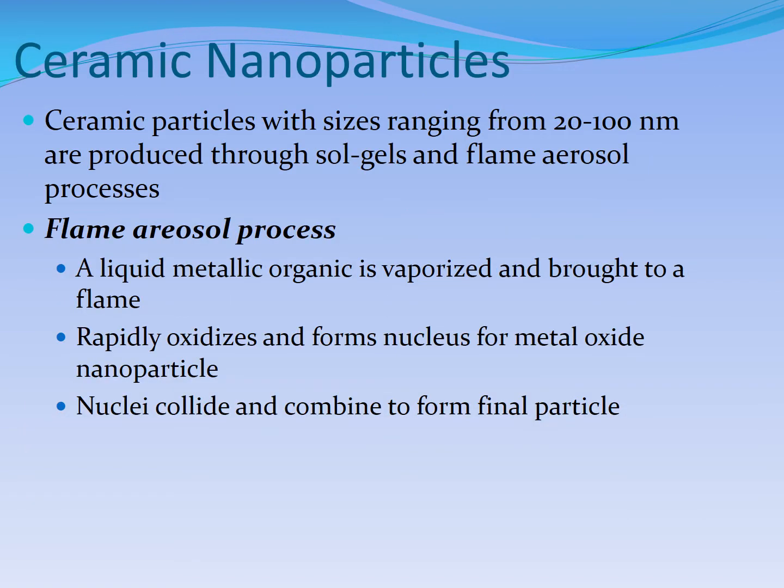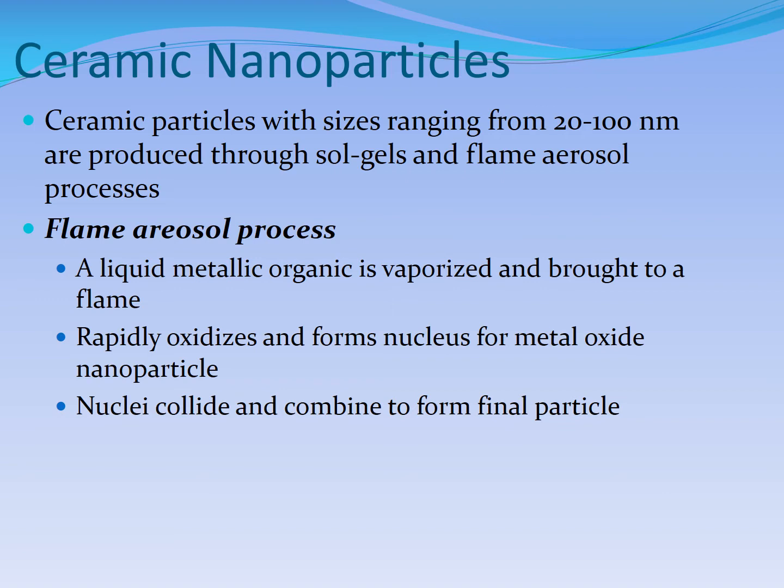Then ceramic nanoparticles. Ceramic is already very high level in terms of strength, hardness and temperature resistance. Now if you can make nano-sized particles from ceramics, then you can use nanotechnology to make ceramic products. So this is the breakthrough. Otherwise, making ceramic products had the problem that you can't melt it, you can't bend it, you can't easily machine it, so you only do powder pressing and those types of methods.